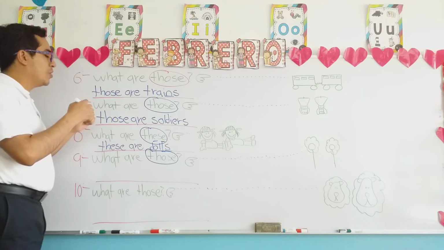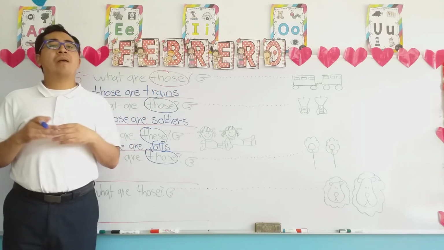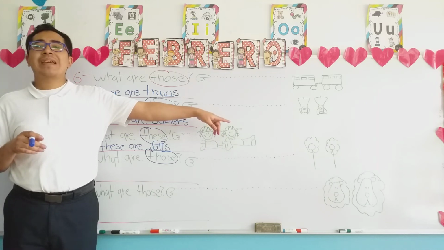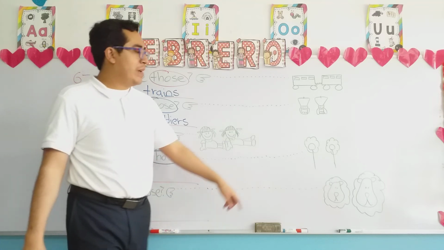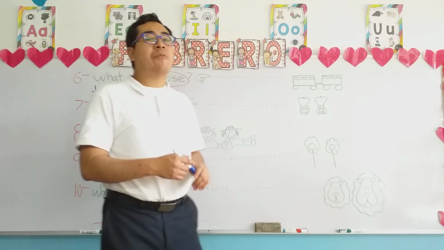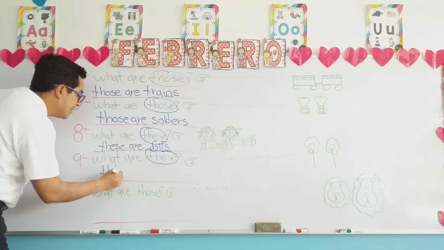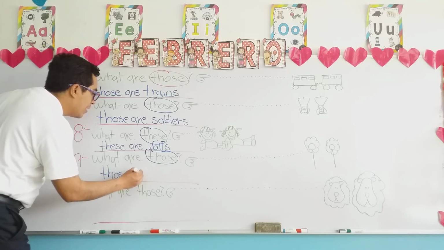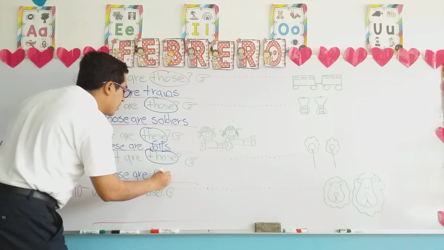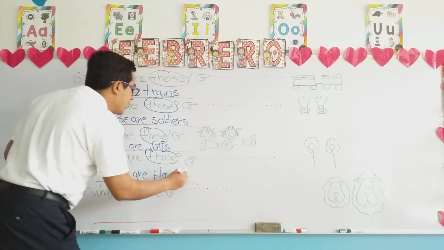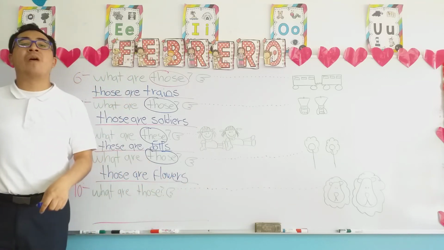And the question says, dice la pregunta, what are those? ¿Qué son esos? And the object, they are flowers. So, those, esas, those are, esas son, those are flowers.